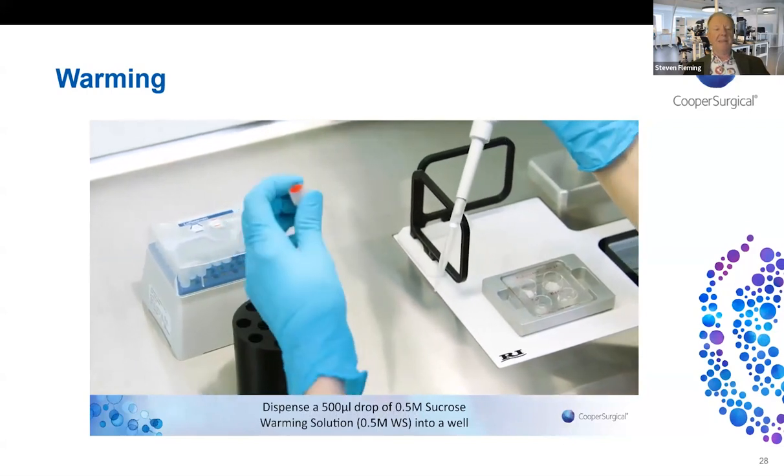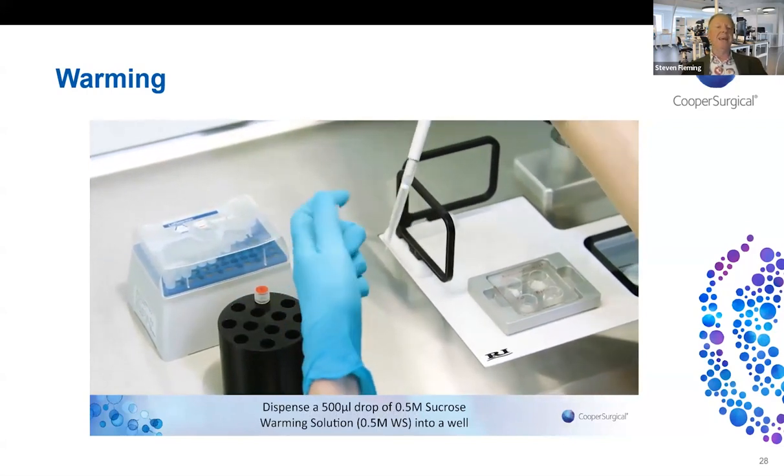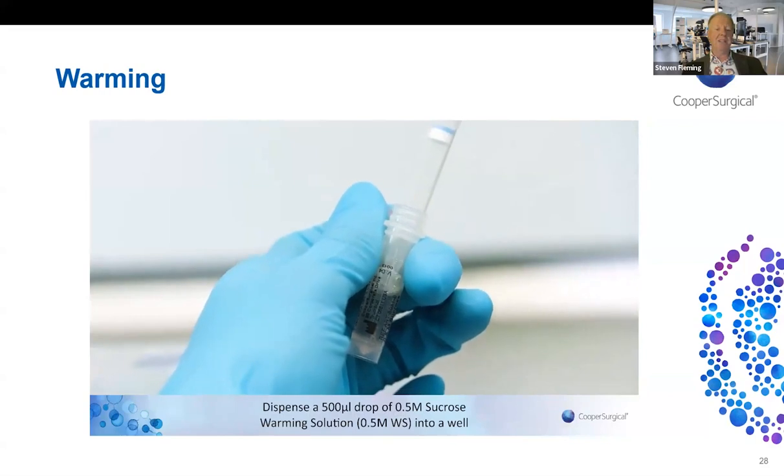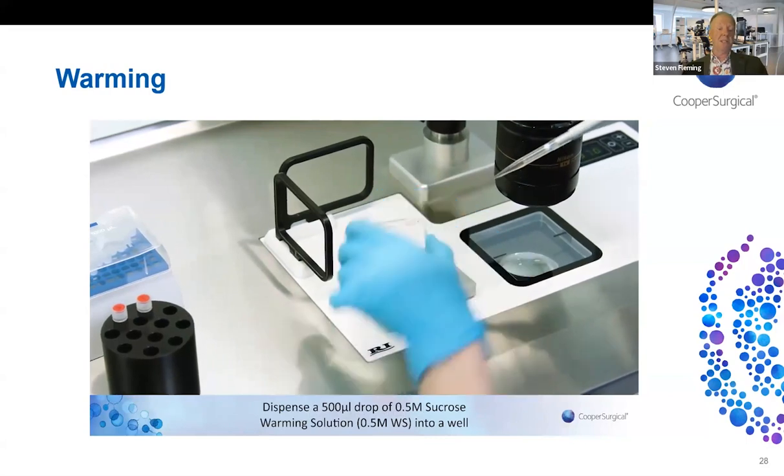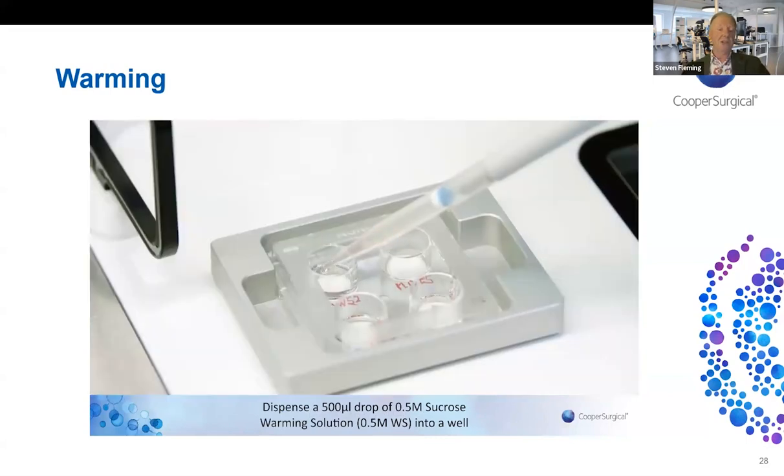Now, here in preparing the dishes, you prepare your dilution and your washing media first. So 500 microliters of 0.5 molar sucrose warming solution goes into your dilution and washing dish.